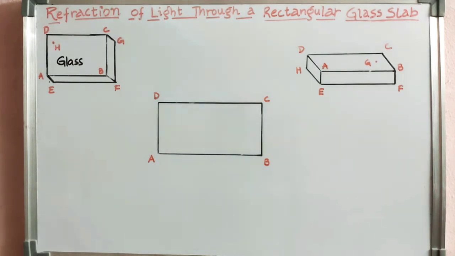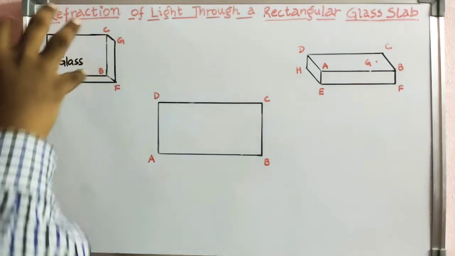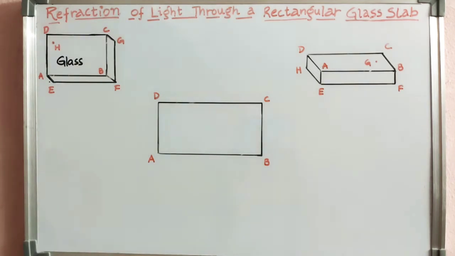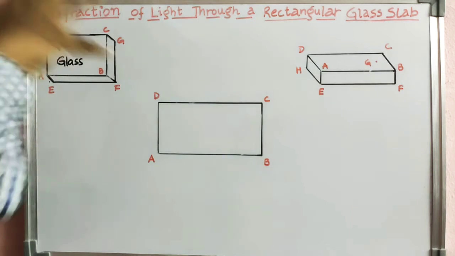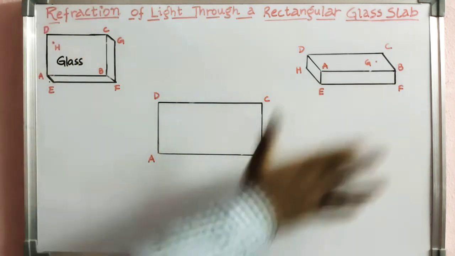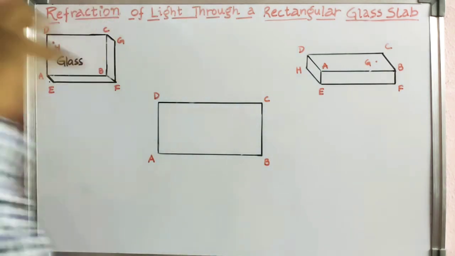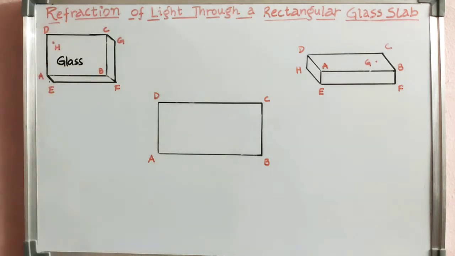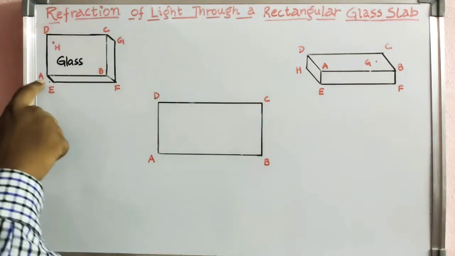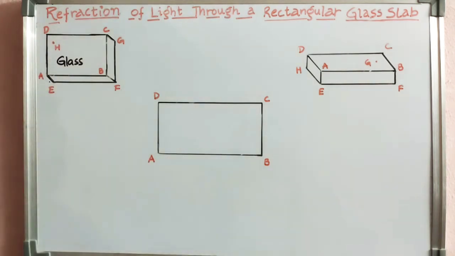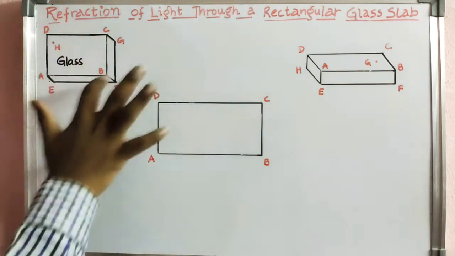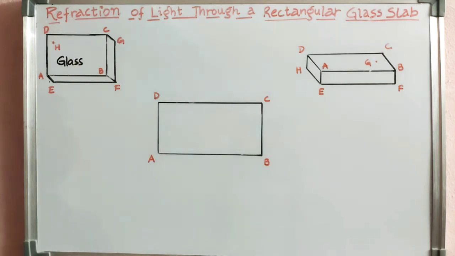So we have a rectangular glass slab here. Now, if I see this glass slab from the top, I have kept a glass slab on this plane and I am seeing it from the top. What would be visible to me? Only the face ABCD will be visible to me, right?